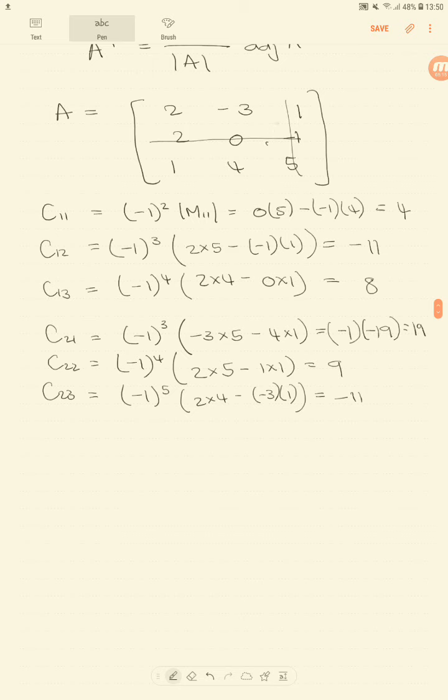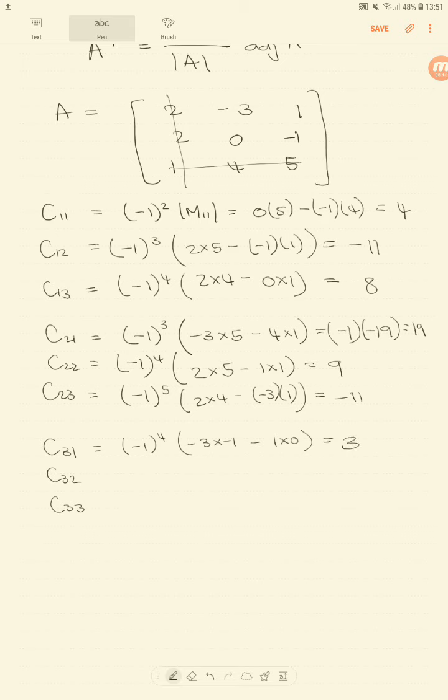And then finally, we need C31, C32, C33. So C31 is minus 1 to the power of 4, deleting row 3 and column 1, times minus 3 times minus 1 minus 1 times 0.